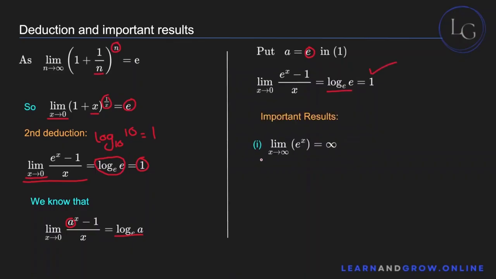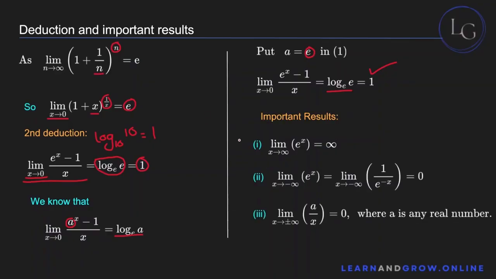Now, here are some extra important results you should know about. The limit of e to the power x as x approaches infinity is obviously infinity, because any number greater than 1 to the power infinity is infinity.